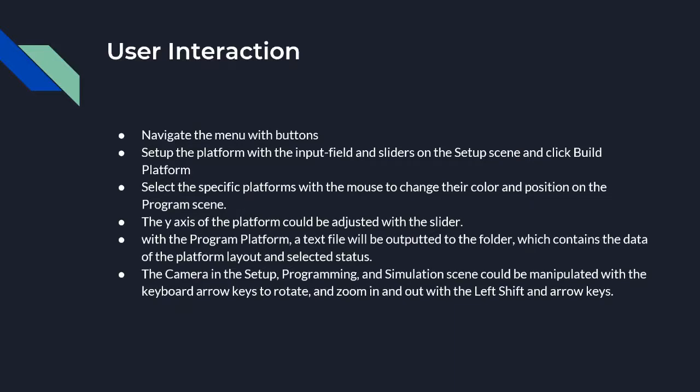That means all the data of the selected node and its height will be stored in the text file, and it will be used in the simulate scene. Also we can use arrow keys and left shift to zoom in and zoom out.